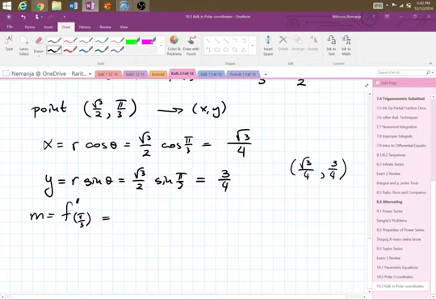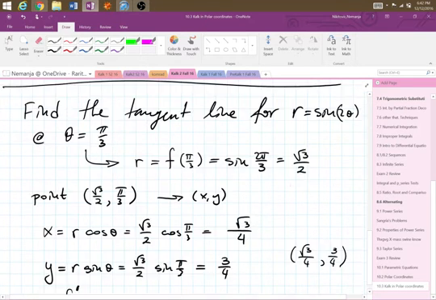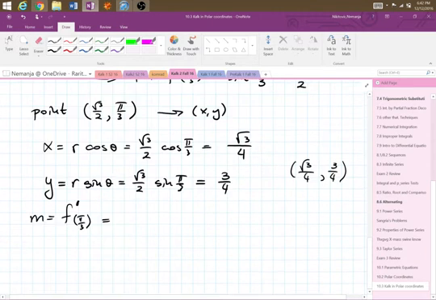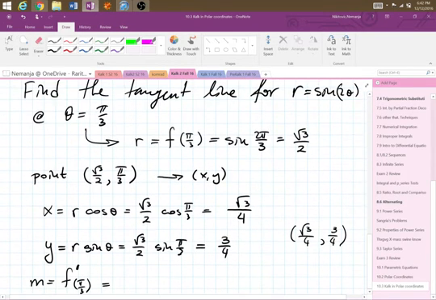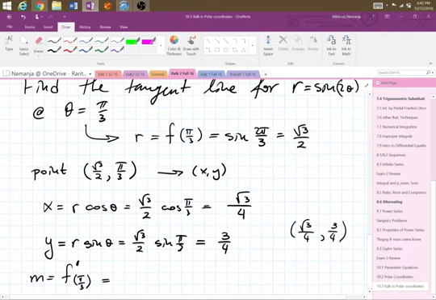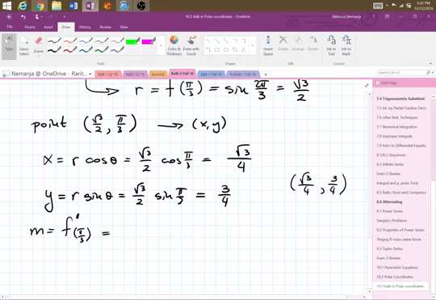Well, we have the formula that we use, which was, I forgot, f prime sine theta. So the derivative of this, derivative of sine is cosine, so 2 cosine 2 theta times sine theta.